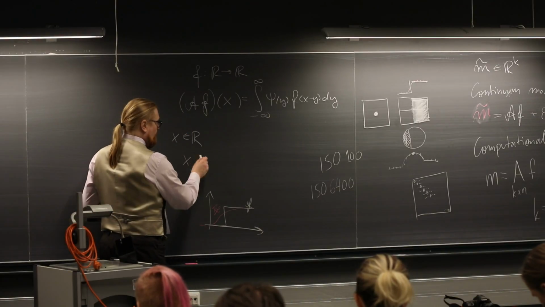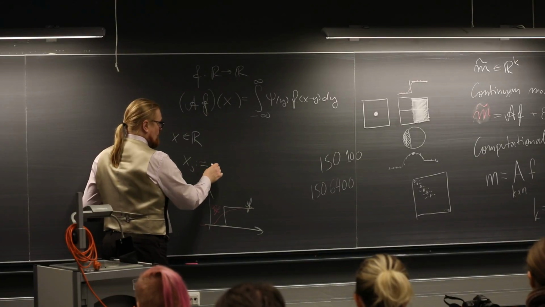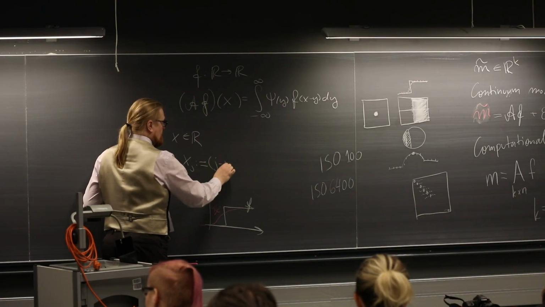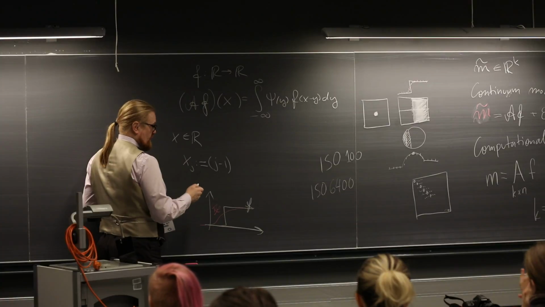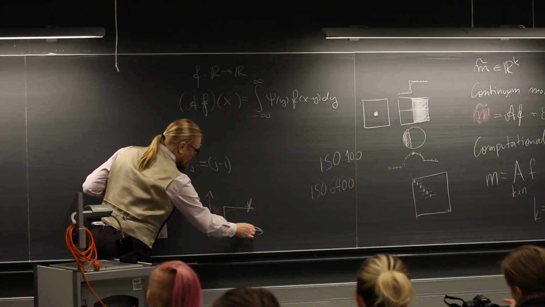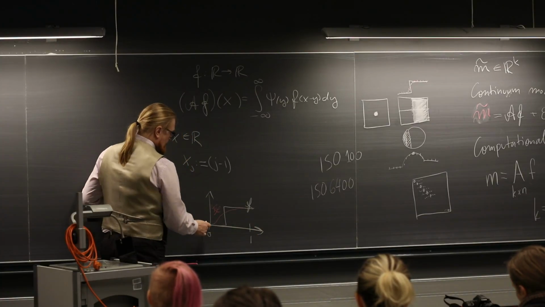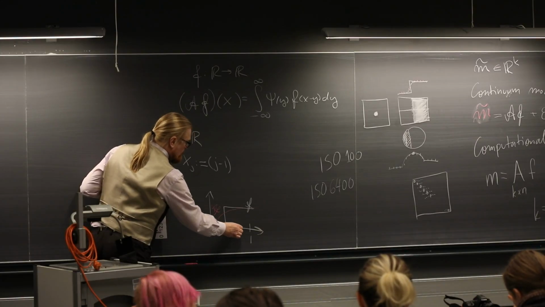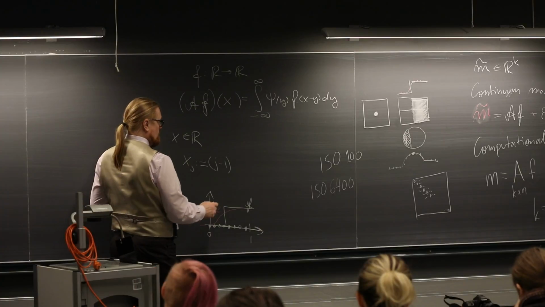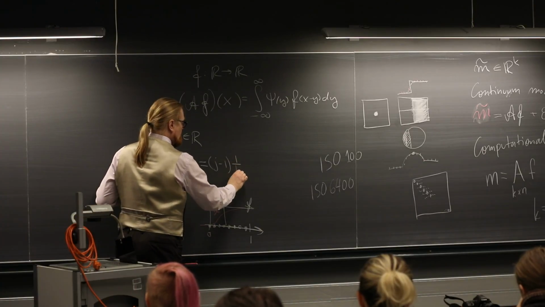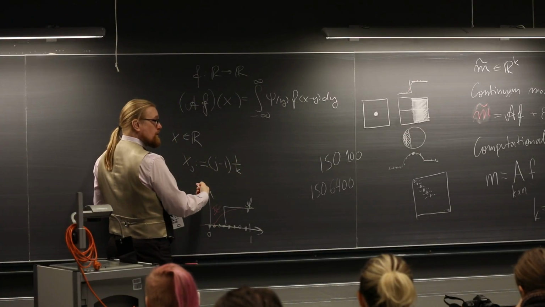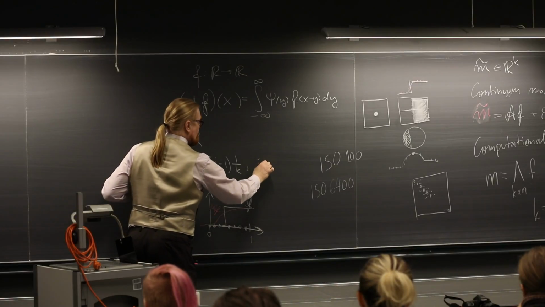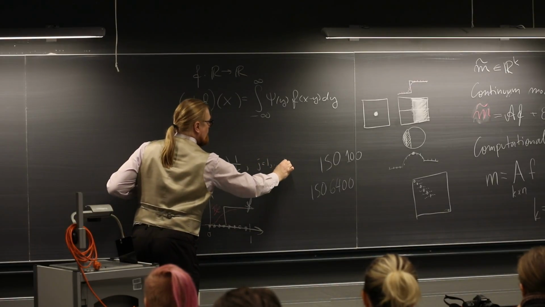And then we define a set of points in the interval between 0 and 1. So here is 0, here is 1, and then actually we choose k points here. So we take these points, and here j runs from 1 up to k.